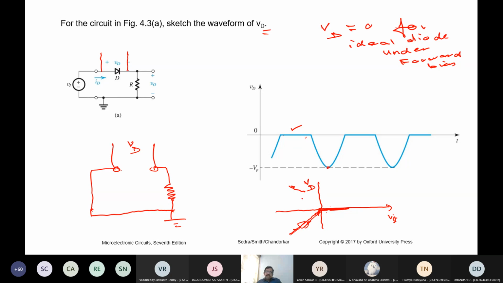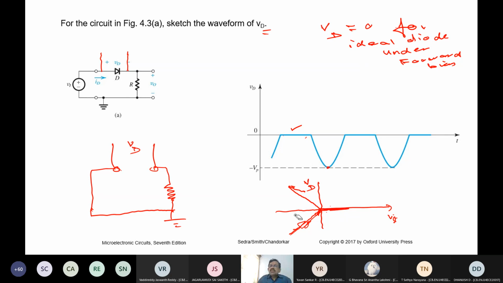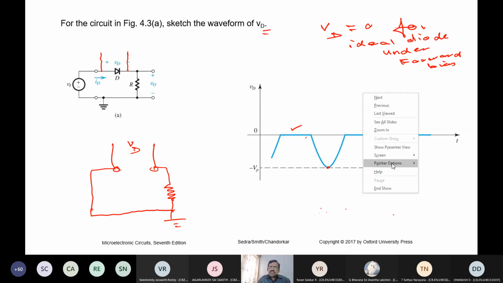Let me redraw the transfer characteristics in this case so that you get the correct understanding.